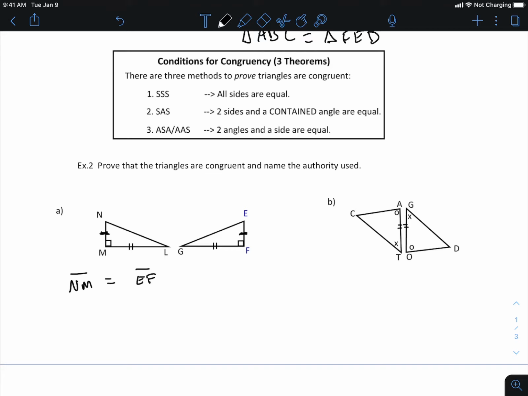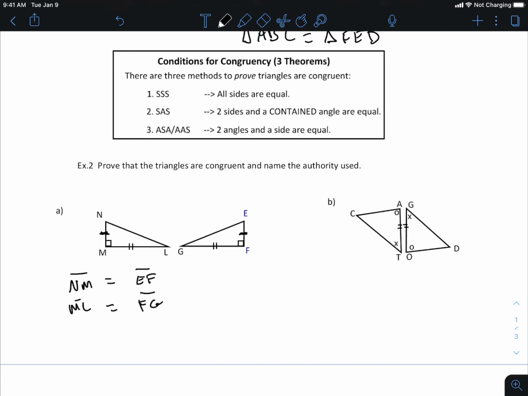Okay, that's the first one. Then we can check ML. It has to equal FG. Okay, it's telling us that. And then we also know one other thing.